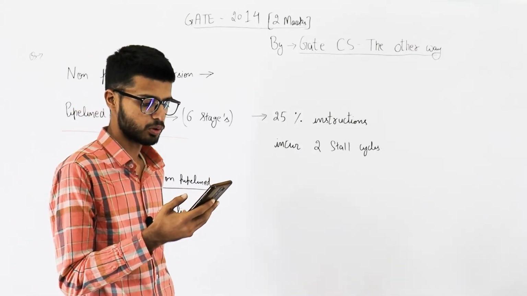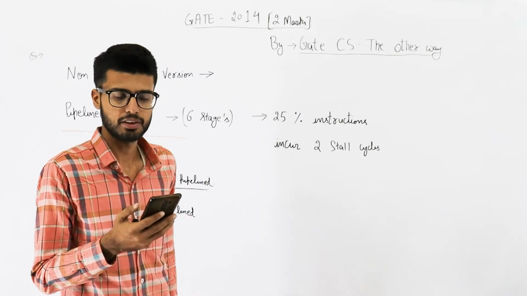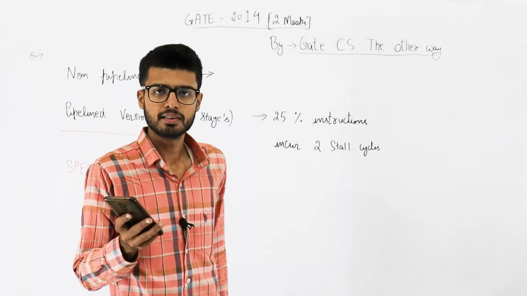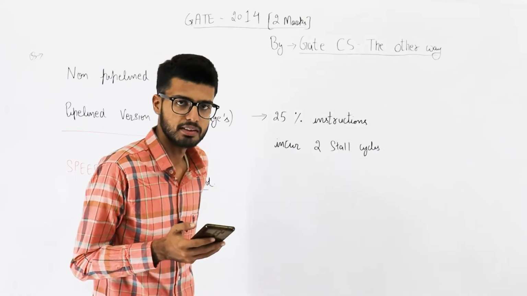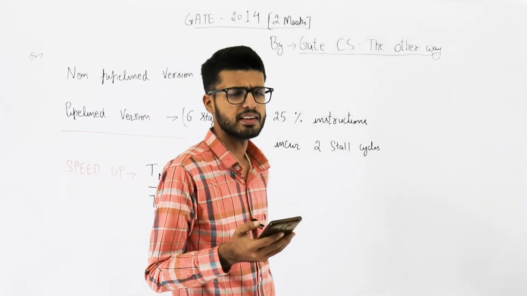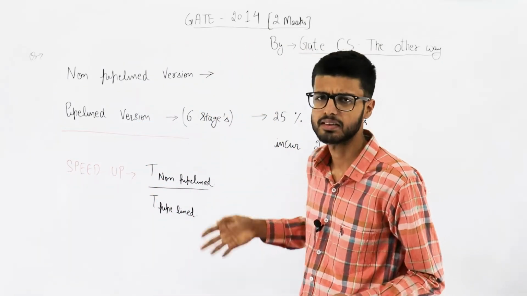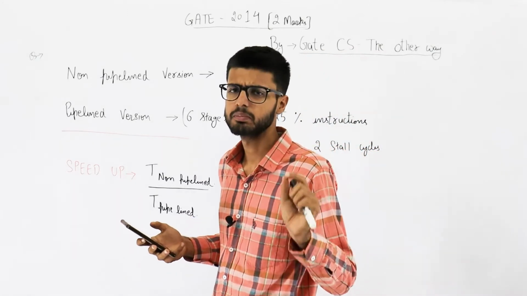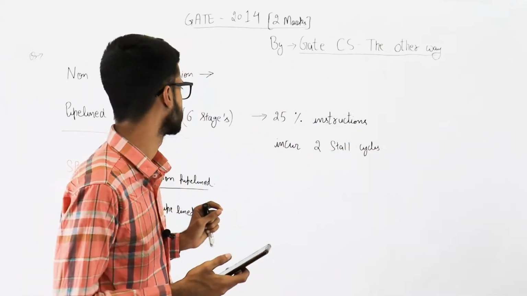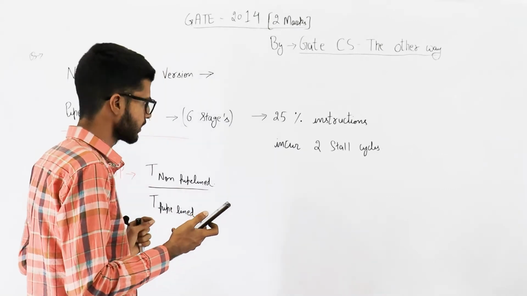That means you can consider the buffer delays to be negligible, or they're saying there's no pipeline hazards, etc. That means you simply assume the ideal conditions. Okay. Now let's try this question.